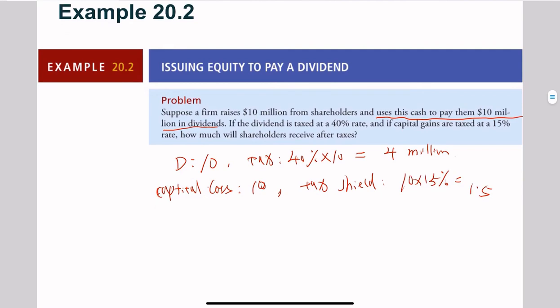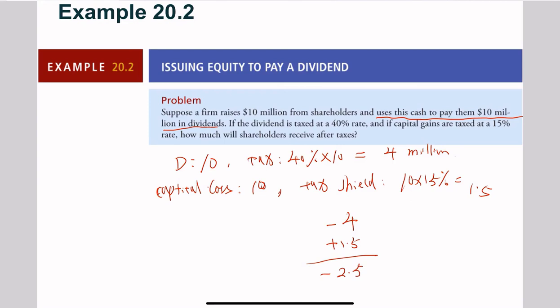So if you think about cash flow, you have to pay this $4 million as your tax, so you have a cash outflow. And then you get this $1.5 million of tax shield from capital loss. So in the end, you will get a net loss of minus $2.5 million.